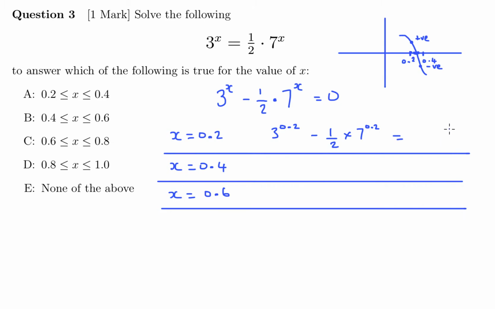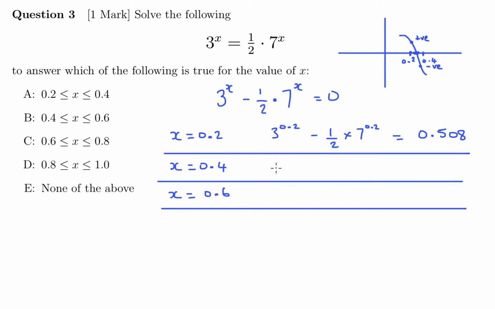So when it's 0.2, I've got a calculator in front of me: 3 to the power of 0.2 take away 0.5 times 7 to the power of 0.2. That gives me an answer of 0.507, or 0.508 if I'm rounding.